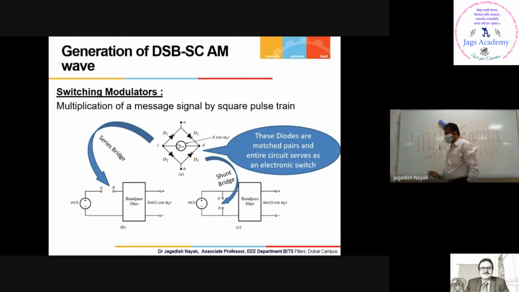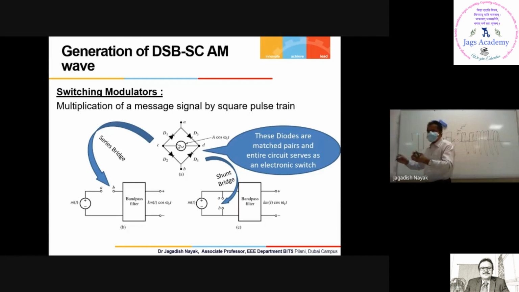Now, let us see which is better later. Let us first understand why we are doing this. After that only, let us see which is better. What we are generating is a double sideband suppressed carrier wave.